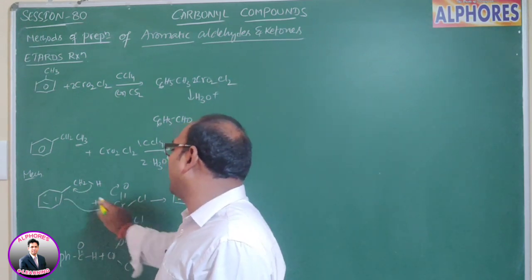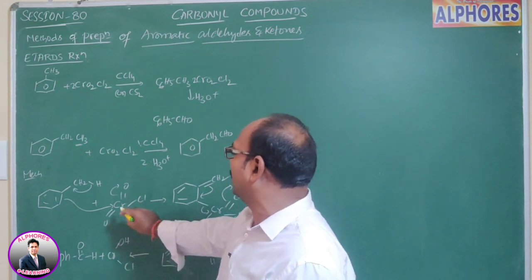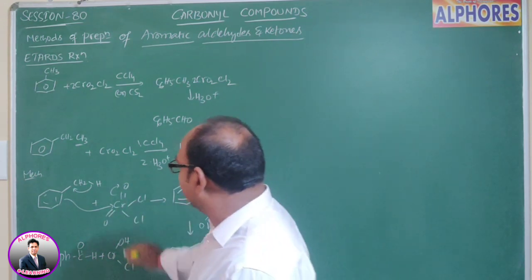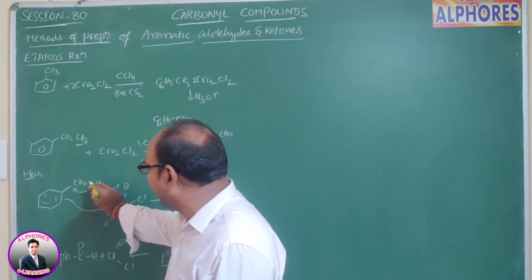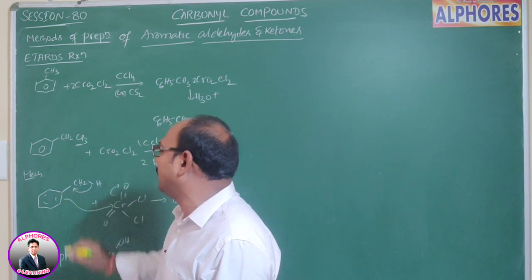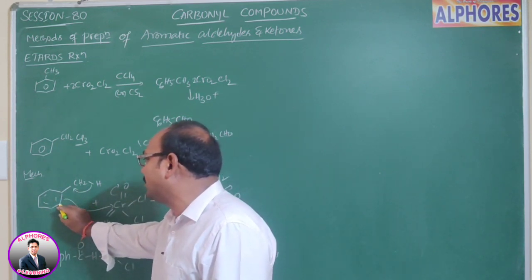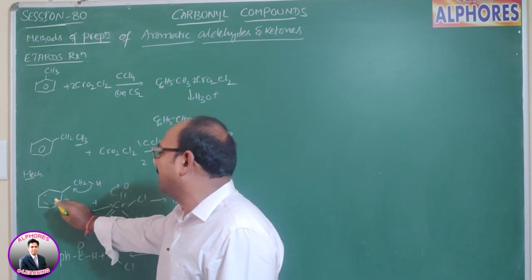First, toluene reacts with chromyl chloride, CrO2Cl2. In CrO2Cl2, you observe Cr double bond O, Cl and Cl. Here the pi electrons are shifted towards oxygen, and the C-H sigma bond electrons are shifted towards the ring-containing carbon. By shifting these electrons towards this carbon, it becomes electron rich, meaning this carbon bears a negative charge.